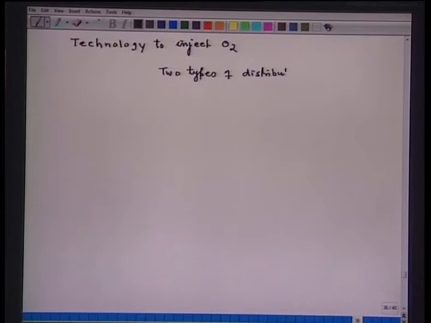Now, another practice is that you add a second tip or distributor between the bath and the oxygen tip. There are two types of distributor. One, single or split flow design, and another a double flow design.